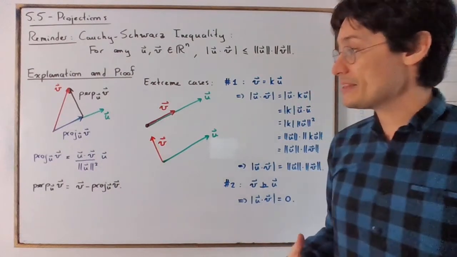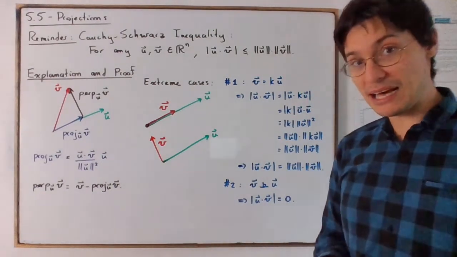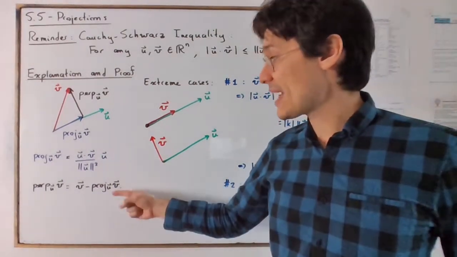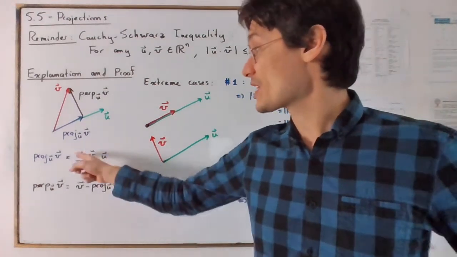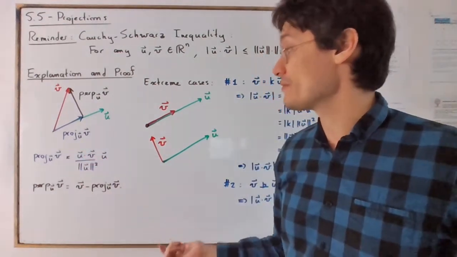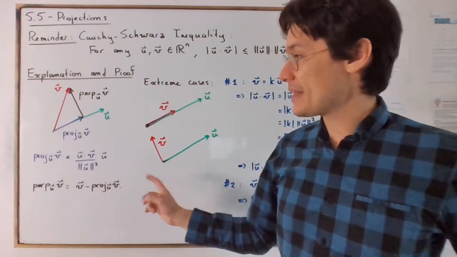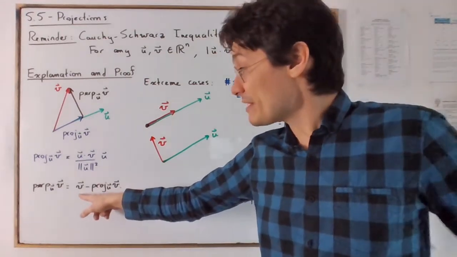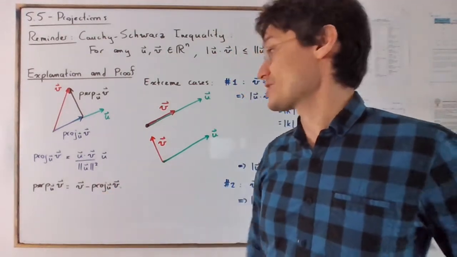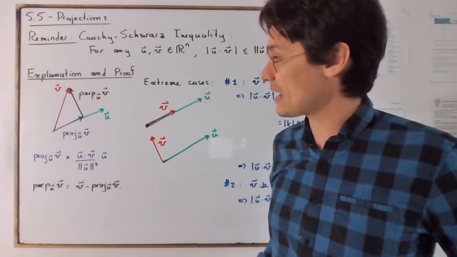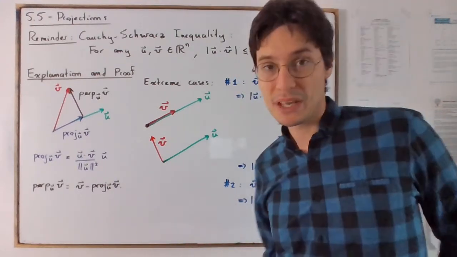We saw that their formulas were these. The projection is the dot product over the norm of u squared, times u, and the perp is simply v minus the projection. This is how these vectors are constructed.